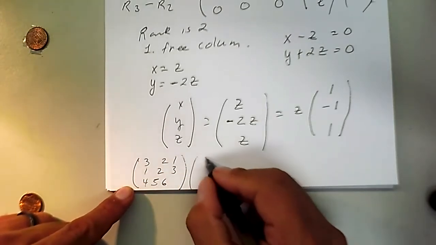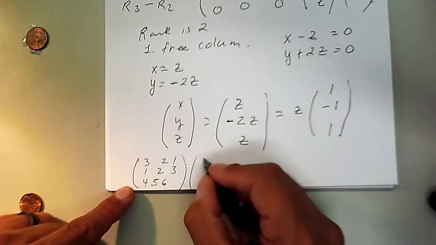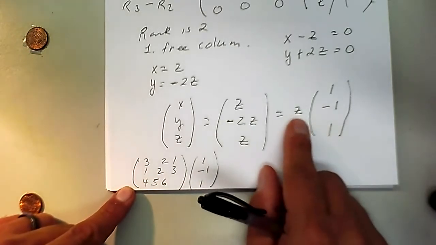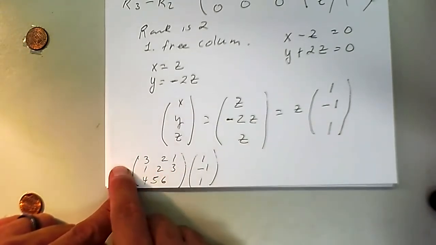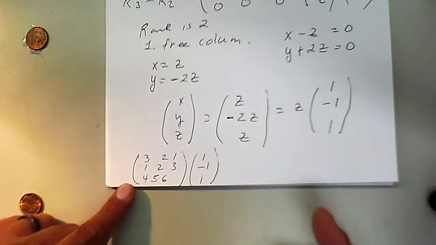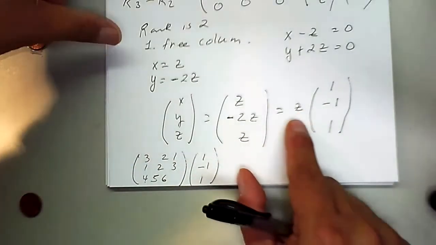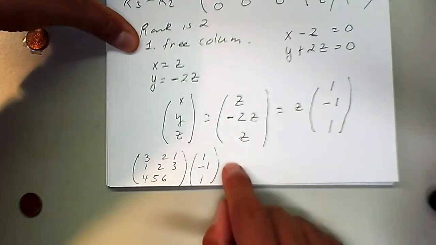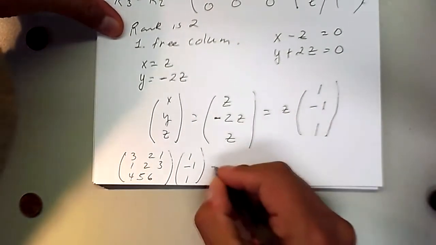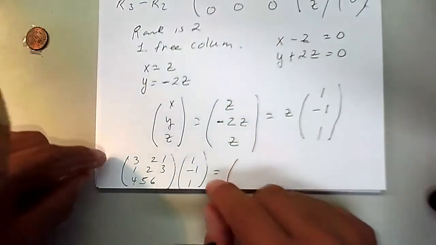And let's multiply with this vector. If you multiply with a scalar here, the scalar will factor out. So if we end up with 0, that scalar multiplied with 0 is still going to give us 0. But let me double check that we actually get 0, 0, 0.